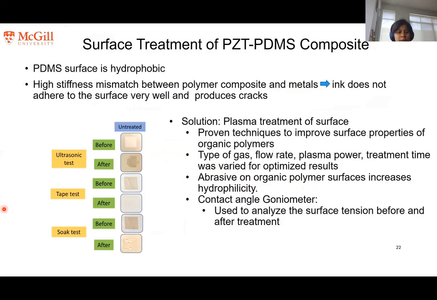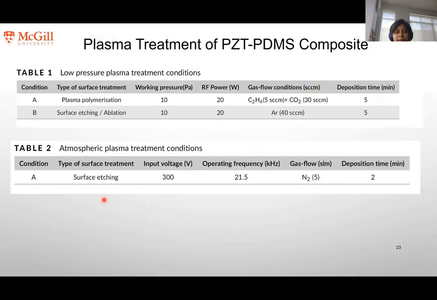So as we said, the solution is that we did plasma treatment and we also analyzed it using different parameters. We used two types of plasma treatment. One is low pressure plasma treatment and the other is atmospheric pressure plasma treatment. For low pressure, we used two conditions, one with plasma polymerization and the other type of treatment is surface etching.